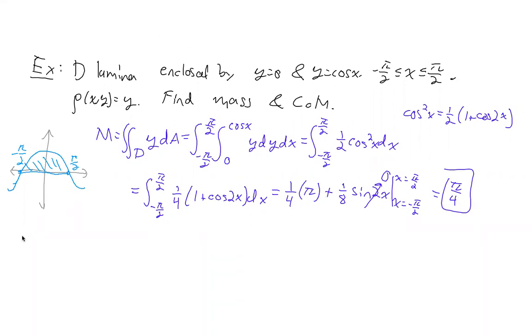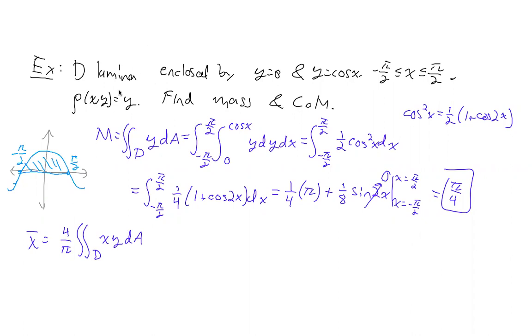What about the center of mass? Let's look at the x-coordinate. 1 over m, or in other words, 4 over pi, times the double integral over D of the function xy dA. Only this time, since we're integrating x, x is odd, not even, it's odd.